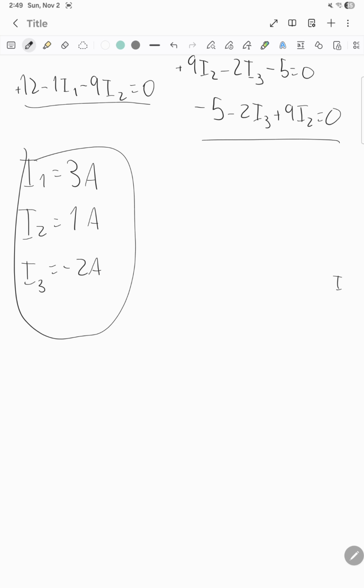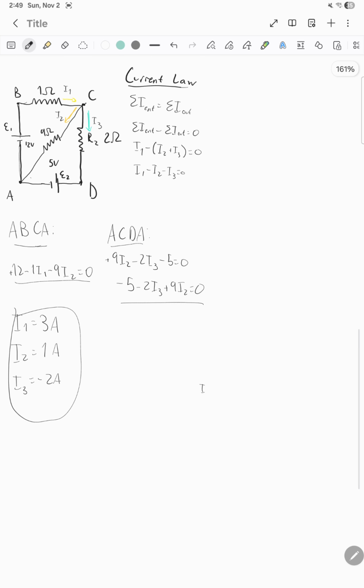So I'm not going to do the calculations of the system of equations now, but you'll have these three equations that you could use to calculate the current of these three. If you want, you can do it.